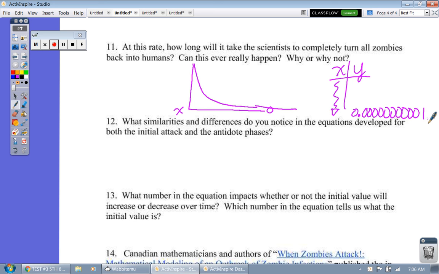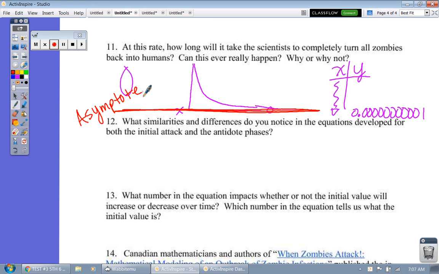So they will never be able to really cure the entire population, because you will have a fractional amount of people. I know that kind of sounds weird, but to cure everybody would have an exact number of 0. This line right here that the graph will never hit is called an asymptote. It's an imaginary line that the graph approaches, but it'll never touch.